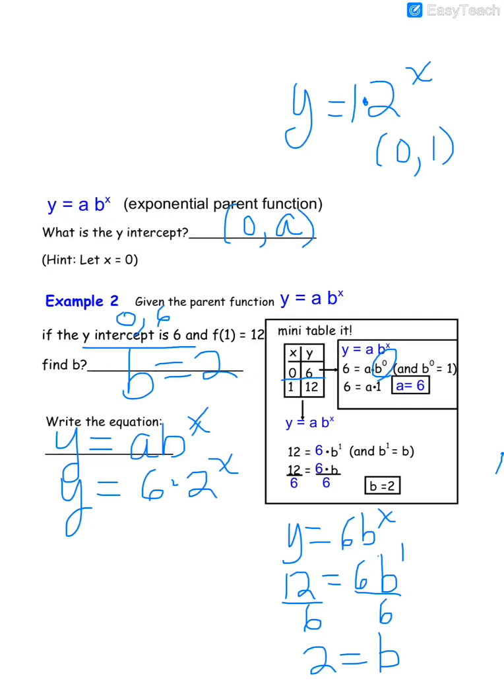So that's the equation that's going to give me 0, 6, and 1, 12. And that does make sense here. Remember we said earlier that the a value is your y-intercept. So there's my 6, and here it is. And then if I plug in 1, 2 to the first power is 2. 2 times 6 is 12, which gives me 1, 12.